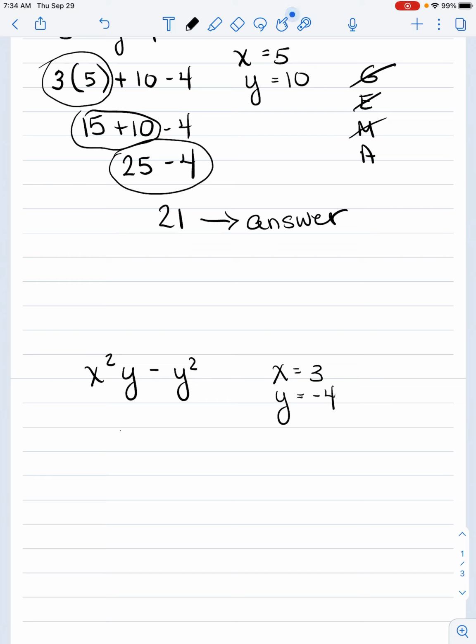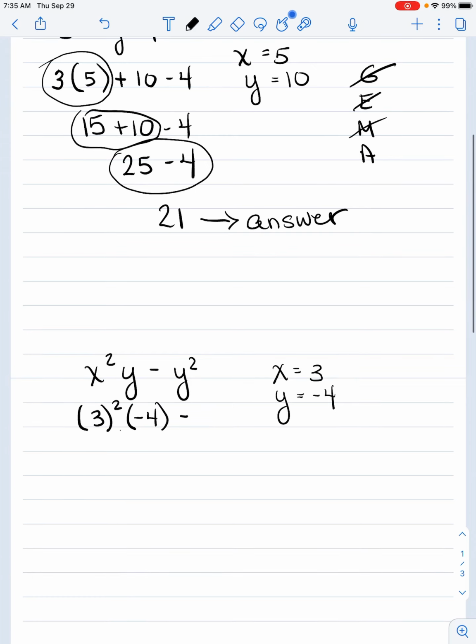If x equals 3, I'm going to substitute 3, leave that exponent, times negative 4, minus, and then we have to include that negative in the parentheses, negative 4 squared. Okay, and that's especially important when you have negative signs.